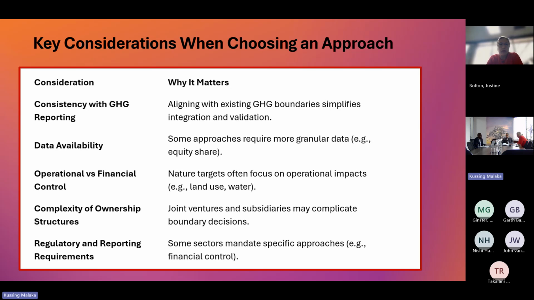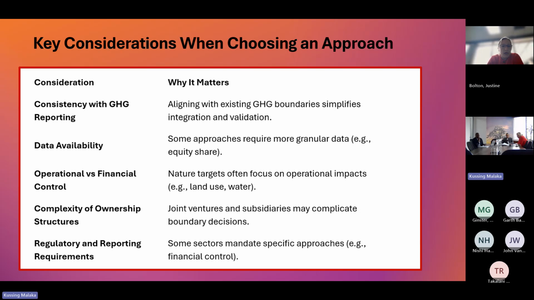So that's how we take responsibility and accountability by using the operational control model. In doing that, all of our leased buildings we include in our carbon footprint, and therefore it would be the same when doing our science-based targets for nature. We'd need to consider them in our operations.